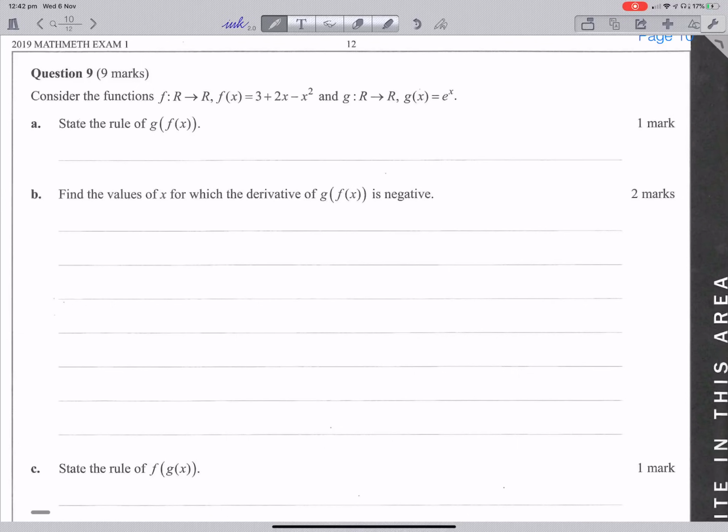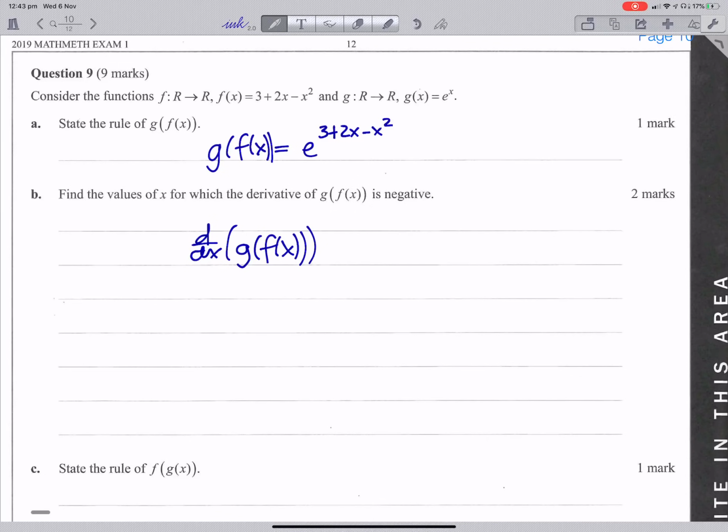Alright, so g of f of x equals e to the 3 plus 2x minus x squared. Find the values of x where the derivative of g of f of x is negative. Okay, so g of f of x dash, d dx, I'm going to say instead of the other one because I hate trying to write the dashes correctly.